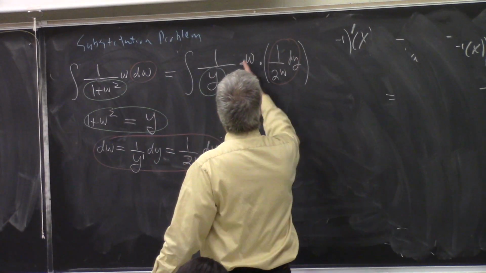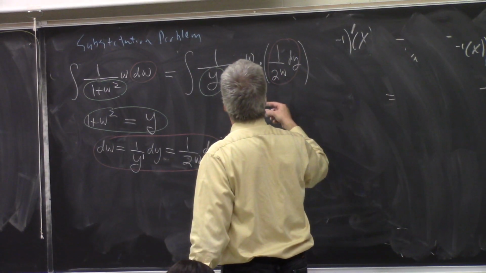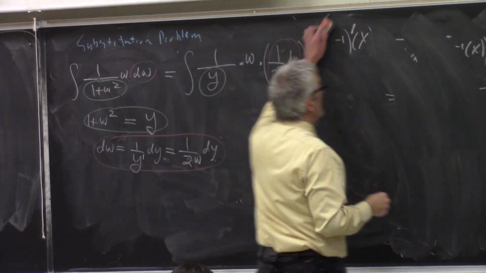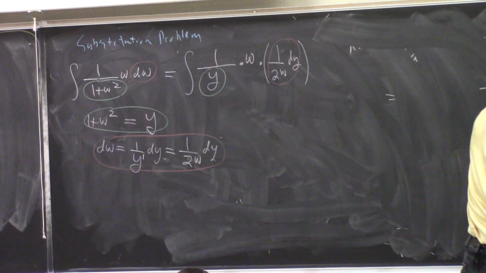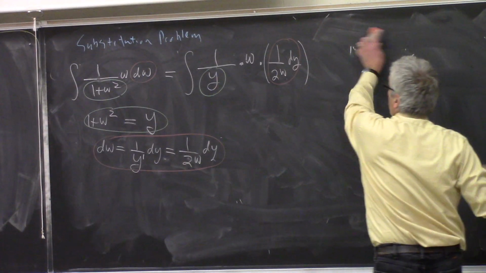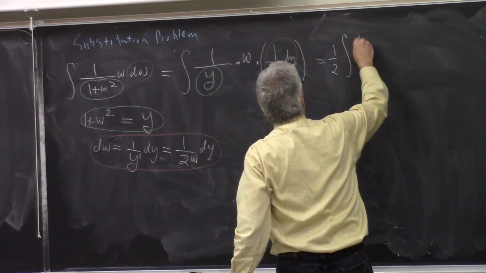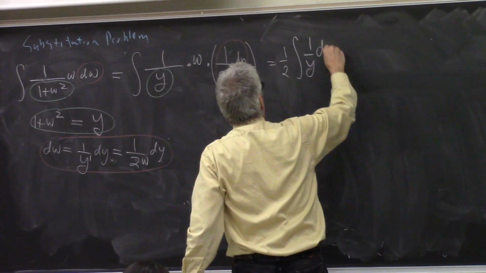Now notice, those w's get together, they have a party, they cancel, and I have a 1/2, which comes out front. So I end up with 1/2 times the integral of 1 over y dy.